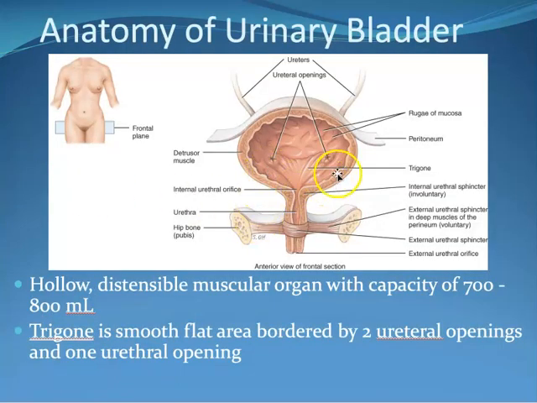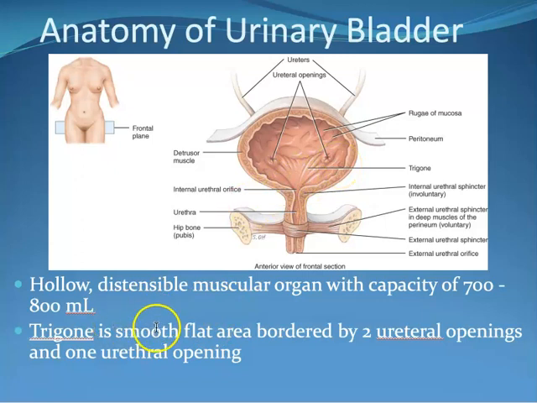Now, as far as the bladder goes, it's a hollow organ. Distensible means that it can expand. And again, these are just textbook numbers. The size of someone's bladder will vary on the size of the individual as well. There is this anatomical portion in the posterior wall of the bladder called the trigone.